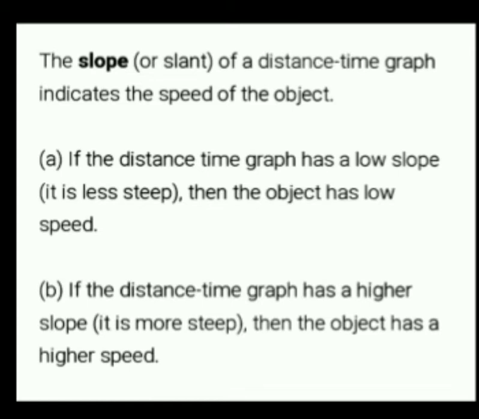Students, as we see the previous graph, as the graph moves from left to right, the left to right expansion of the graph is the representation of time, and as the graph goes higher it represents the distance traveled.